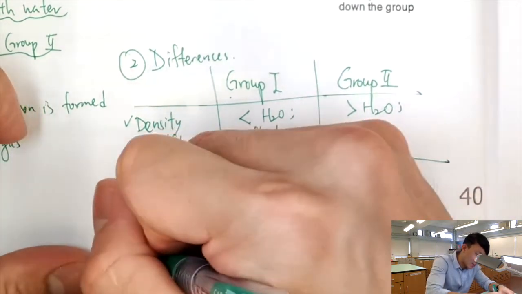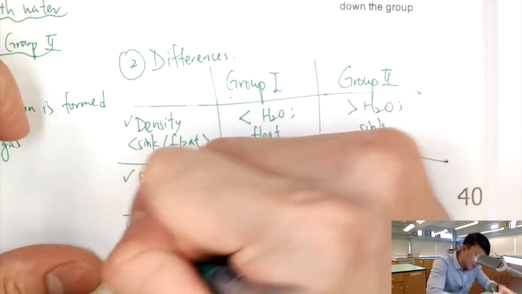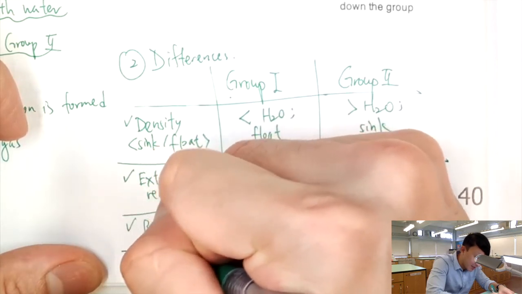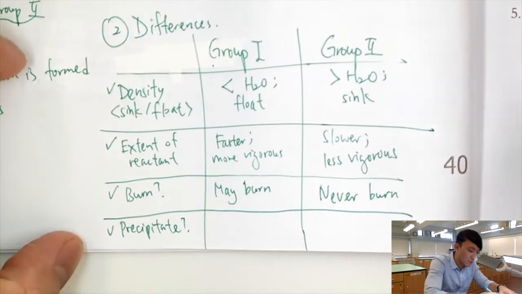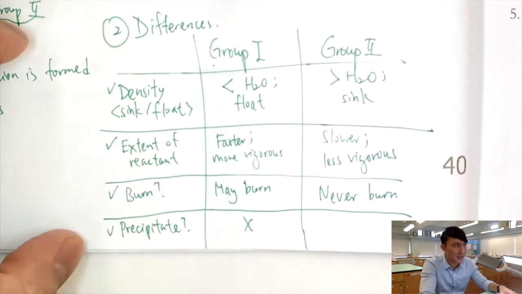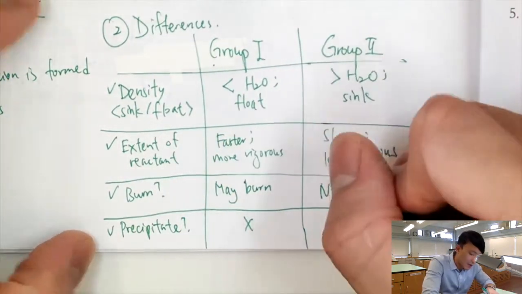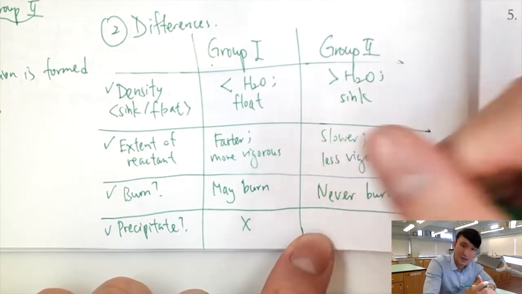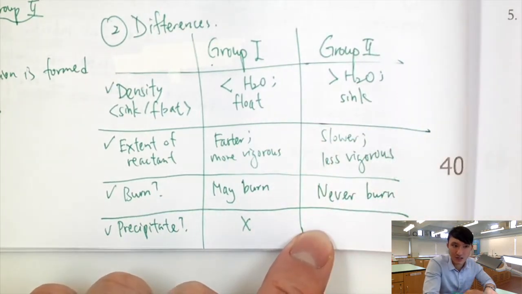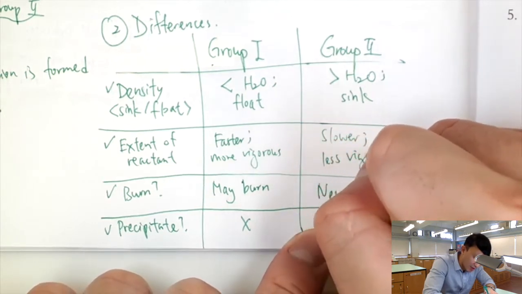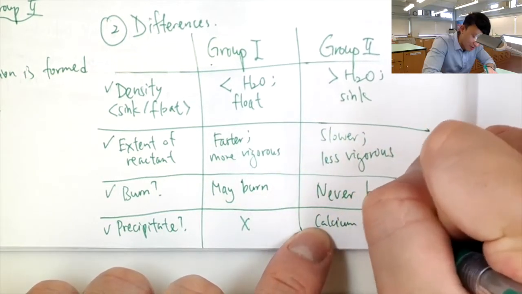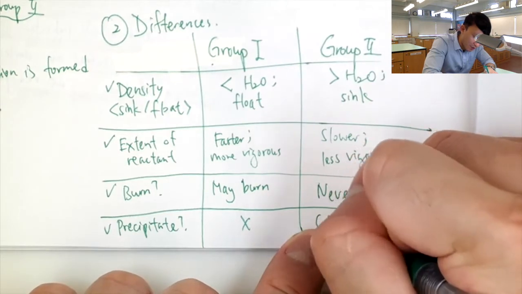And also, you can think about whether there is any precipitate formed. For Group 1, there's no precipitate. For Group 2, for calcium, when they form calcium hydroxide, that will be the precipitate formed. So the calcium hydroxide precipitate may form.